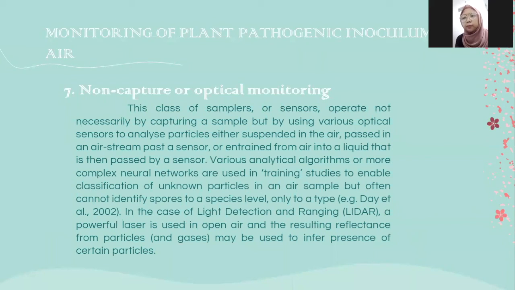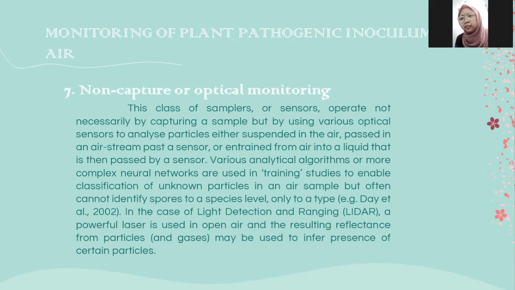7. Non-capture or optical monitoring. This class of samplers or sensors operates not necessarily by capturing a sample, but by using various optical sensors to analyze particles either suspended in the air, passed in an airstream past a sensor, or impinged from air into a liquid that is then passed by a sensor.